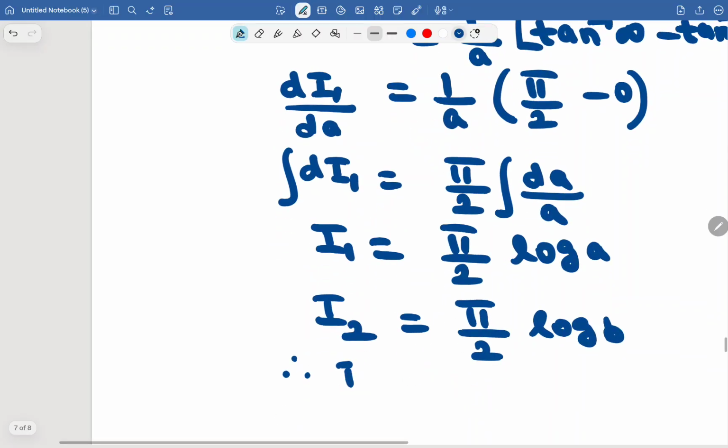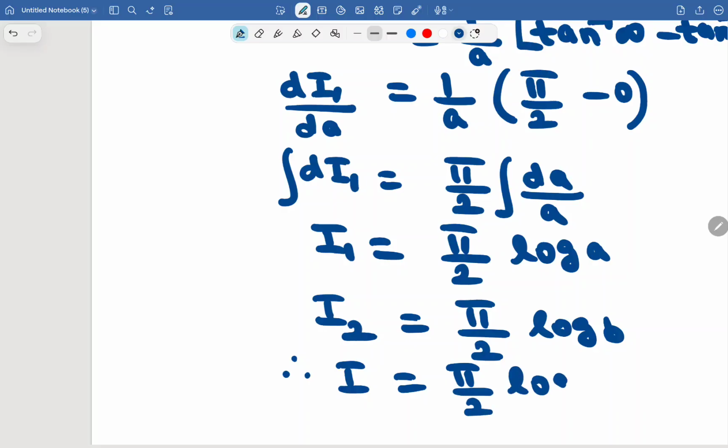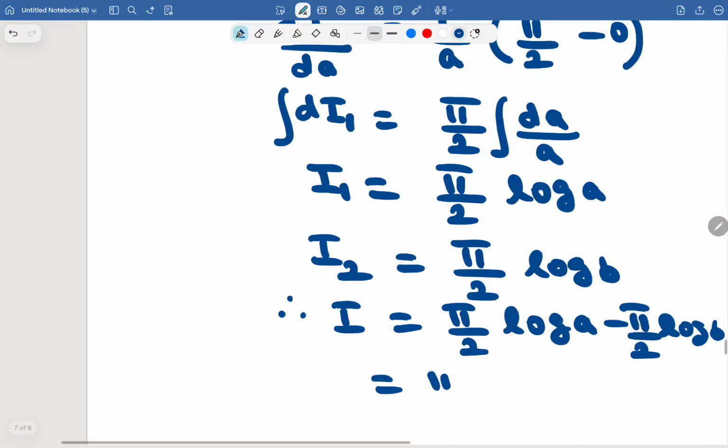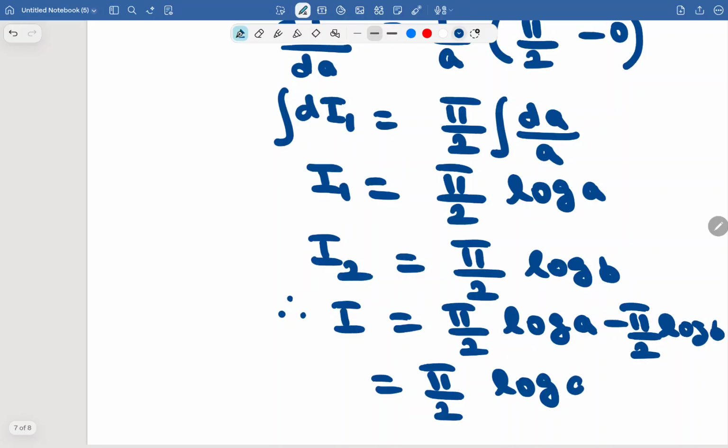Therefore, I equal to pi by 2 log a minus pi by 2 log b, pi by 2 [log a minus log b].